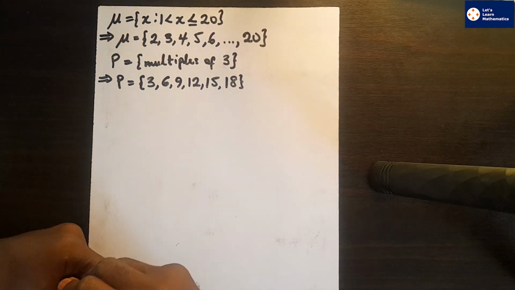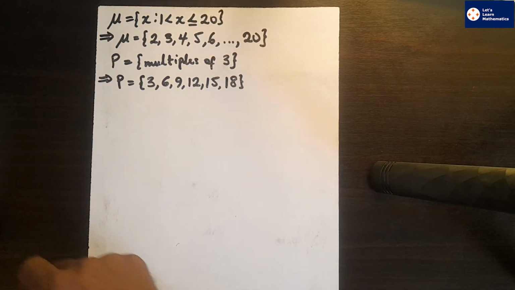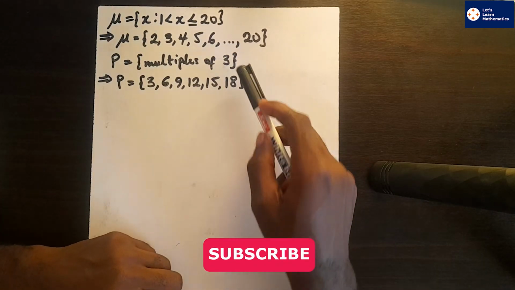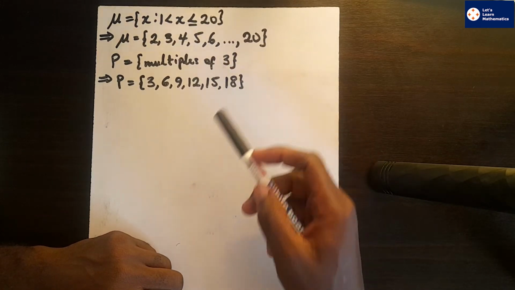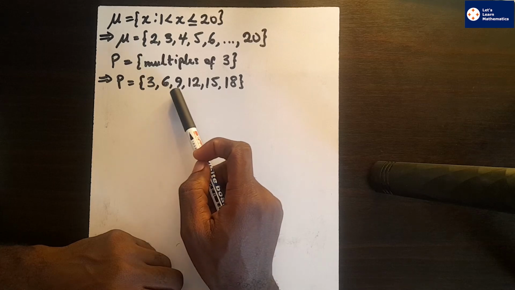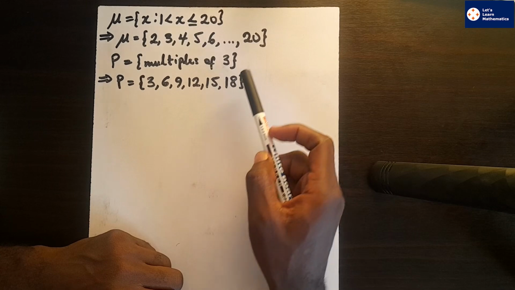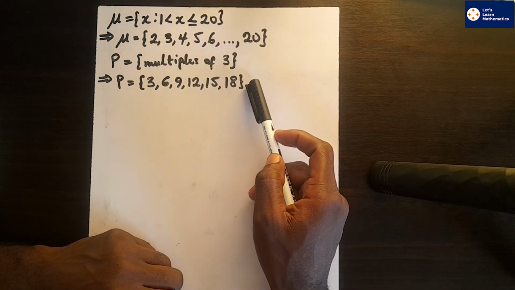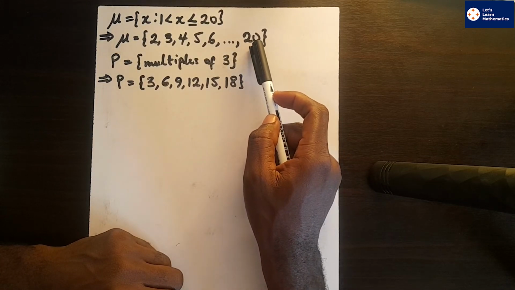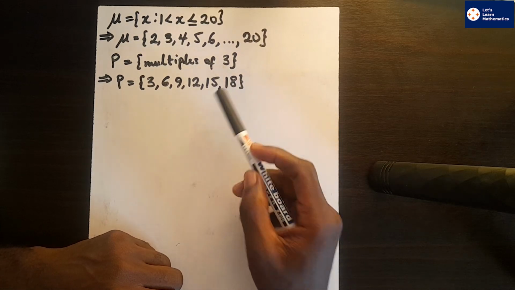Multiples are the numbers that 3 can divide without a remainder, or the numbers you get when you multiply 3 by the counting numbers. So 3 times 1 is 3, 3 times 2 is 6, 3 times 3 is 9, 3 times 4 is 12, 3 times 5 is 15, 3 times 6 is 18. The next would have been 21, but 21 is not part of the universal set. So this is the last multiple of 3.